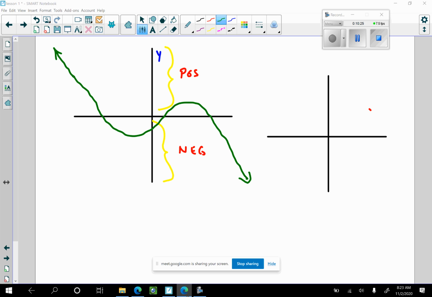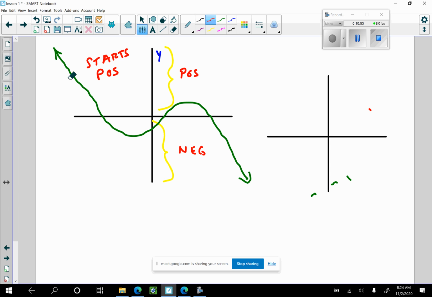This particular graph, we say starts positive. Why does it start positive? Because it's in the positive portion of the y's. Y's are either negative or positive. This graph starts way over here, way, way over here. We don't even know where it starts.